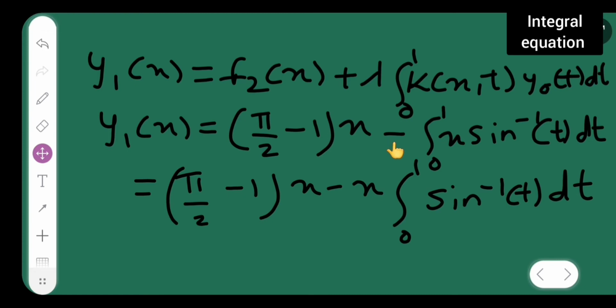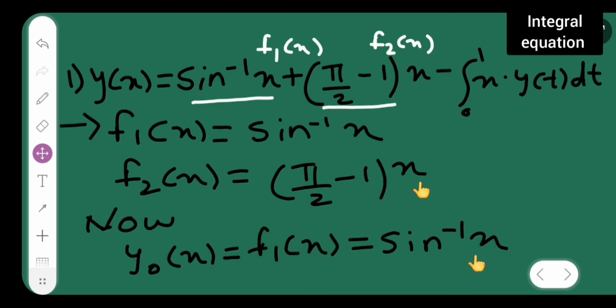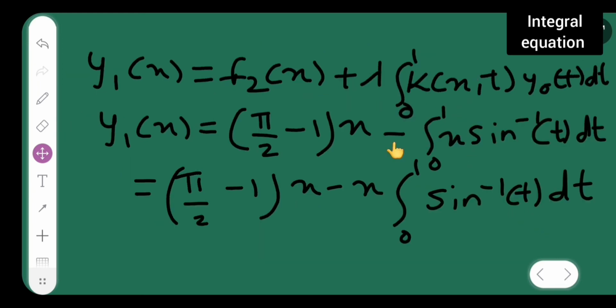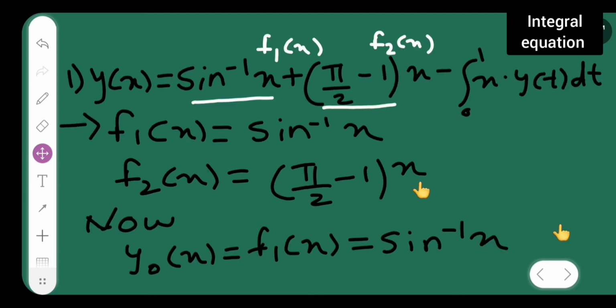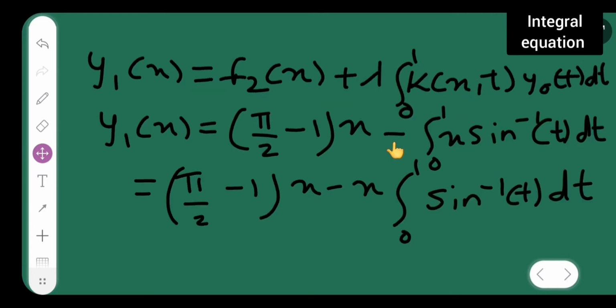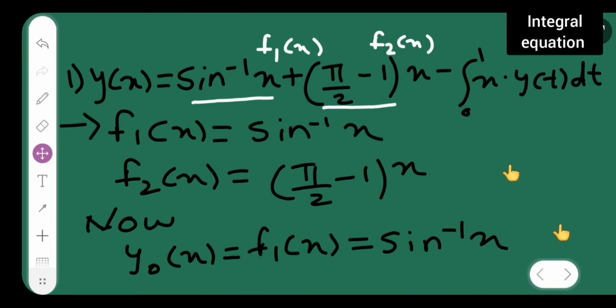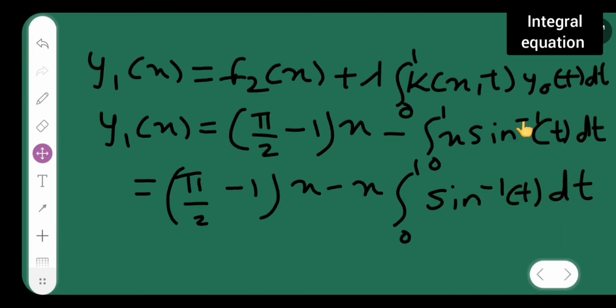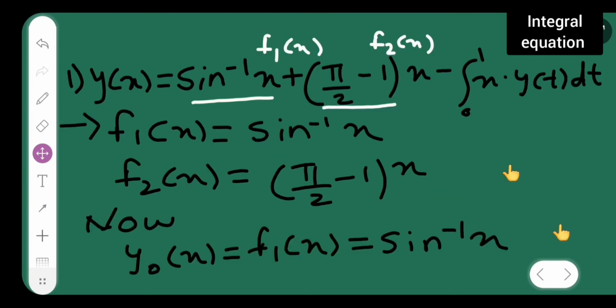Then minus, lambda is 1, there is no explicit lambda, so I'm considering it as minus 1 because the minus sign is there. So minus the integral from 0 to 1. What is the kernel given here? The kernel is x.